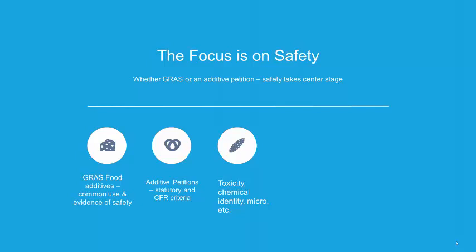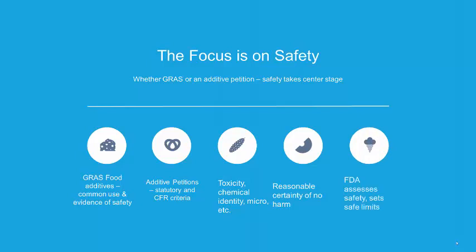All of those guidance documents that we saw come into play to determine how do we publish, how do we get information, studies that support our safety conclusion, how do we have data that supports it, what kind of data, what's the adequacy of that testing method. Overall, we're looking for this conclusion both in the statute and in the CFR that reasonable certainty of no harm in our additive petition.